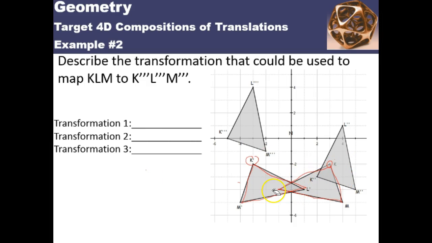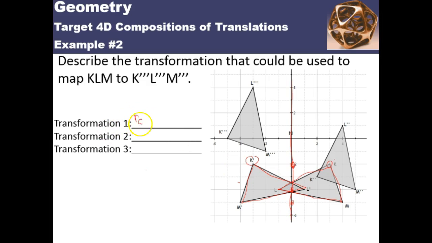So again, remember when we're looking at a reflection, we're trying to find the line of reflection. We just find the midpoint between all the prime and the non-prime. So between K and K double prime is this point, between L and L double prime is this point, and between M double prime and M is this point. So that's this line right here, and that looks like it's definitely the y-axis.